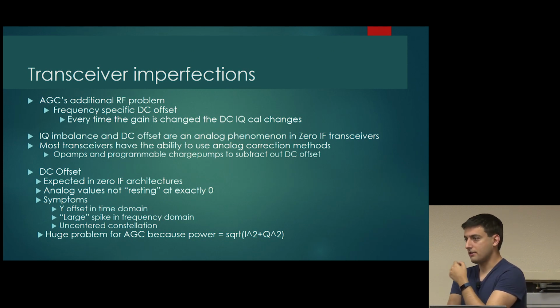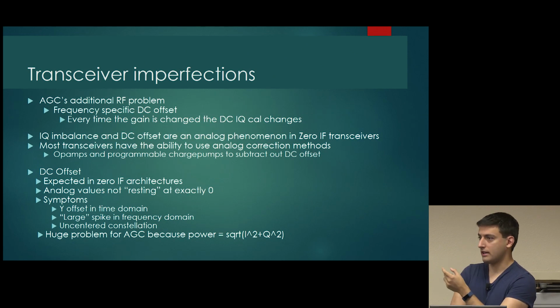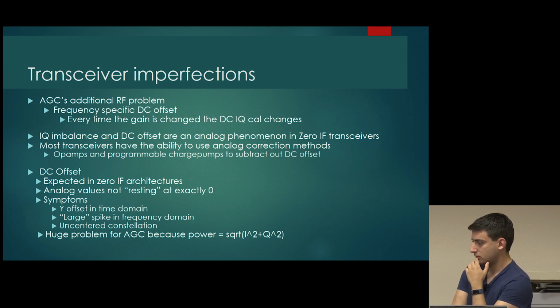With the LMS6, there are analog compensators that can help bring the DC value down and also improve IQ balance of the transceiver. However, when you're changing gain settings, in order to not slow down the AGC even more, changing the DC offset may not be the best thing to do.